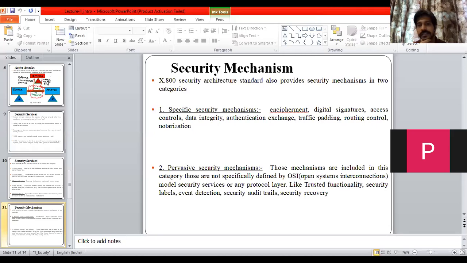pervasive security mechanism. In this, we can include services that are not exactly written in the X.800 architecture.